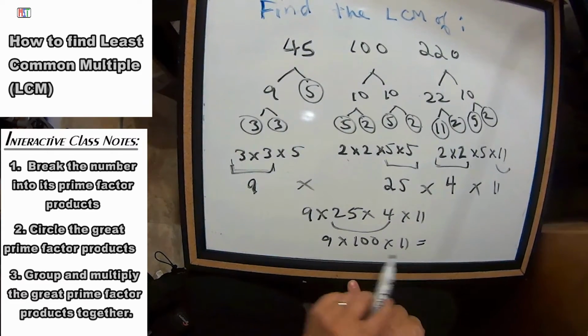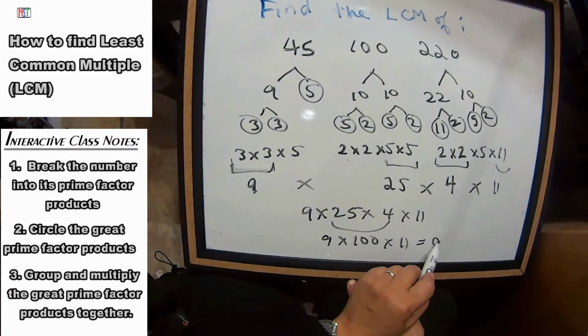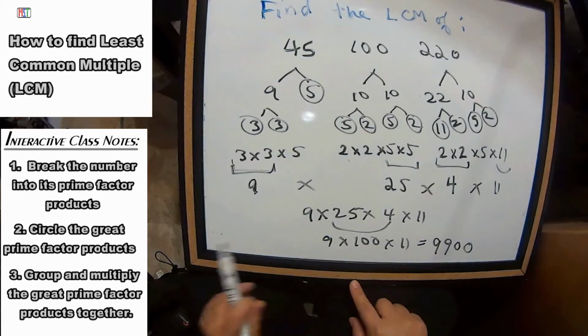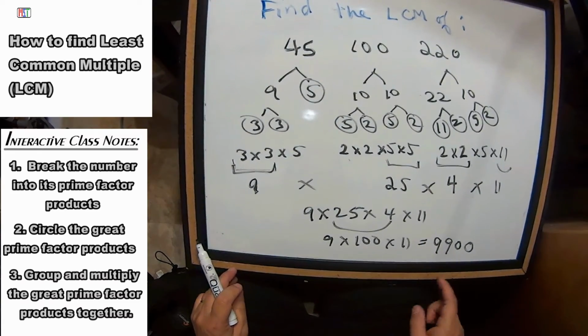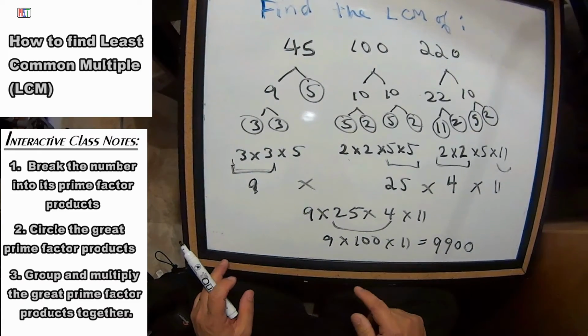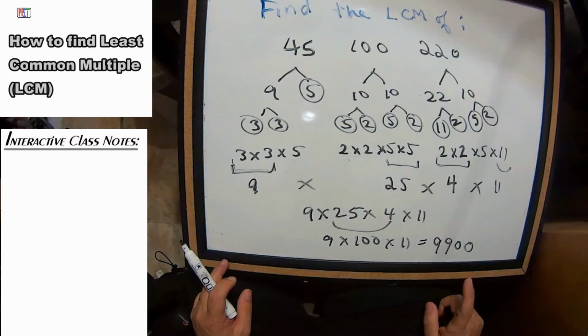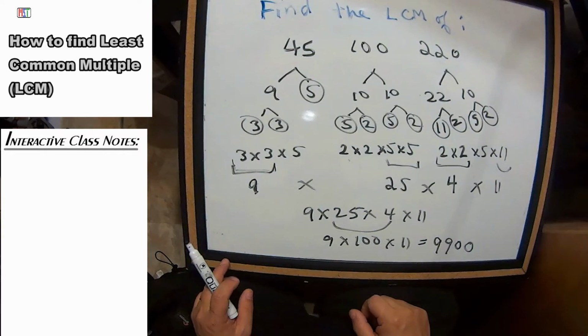You get 900 times 11 is 9,900. Wow, big number. So for 45, 100, 220, the least common multiple is 9,900. And there we go. And that's how you do least common multiple questions.